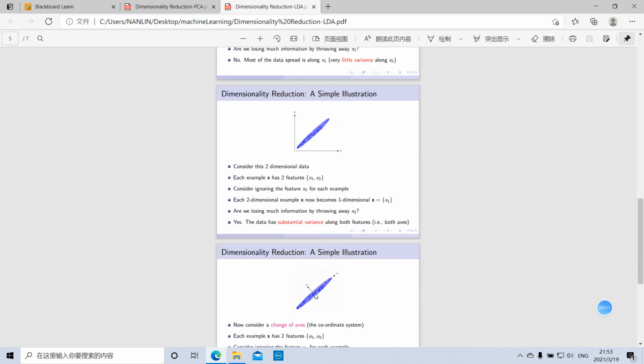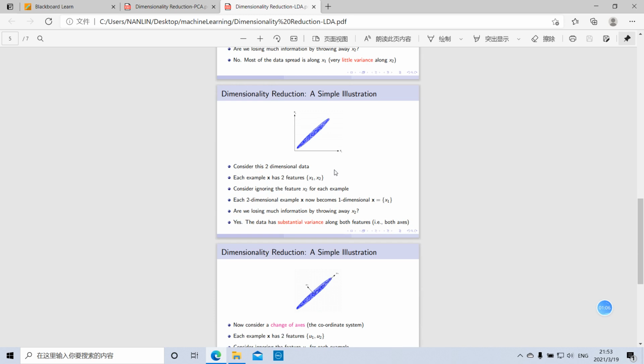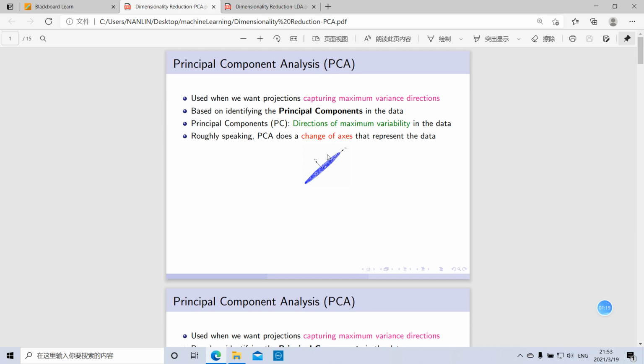You can see the dataset and the x-axis have different relationships or locations. In technical words, it's called projection. We project data onto different axes. Okay, so now what is principal component analysis?